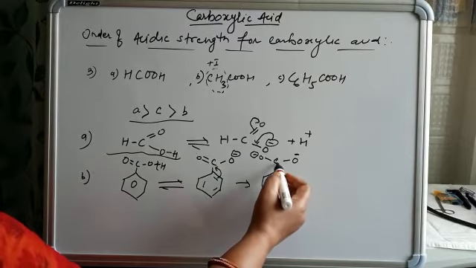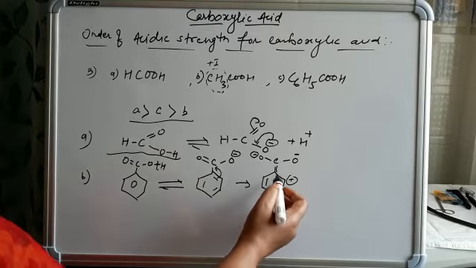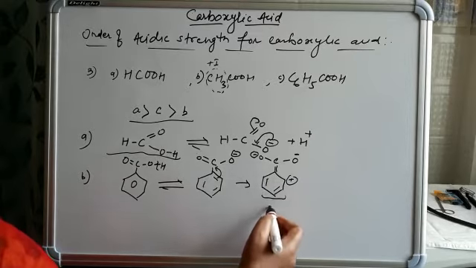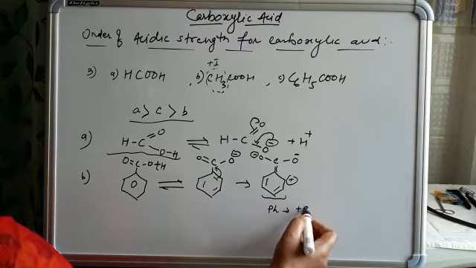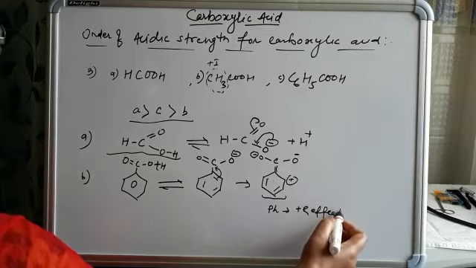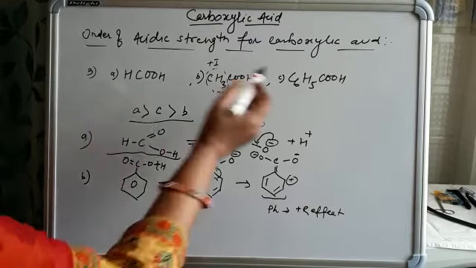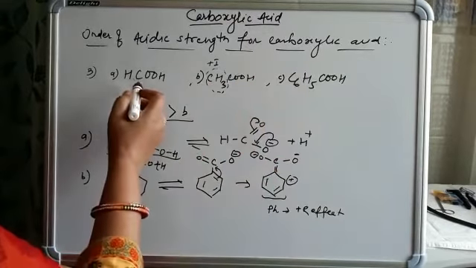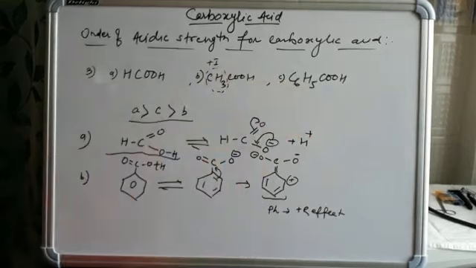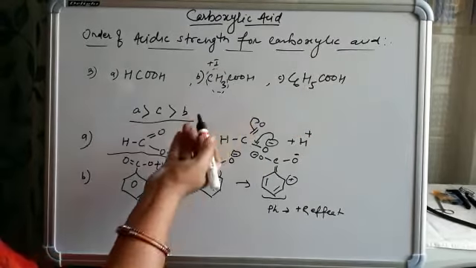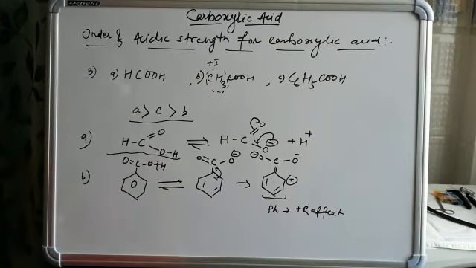Carbon is stabilized by the pi electron present in the ring. Here this phenyl group shows the plus R nature. So if we compare formic acid and benzoic acid, formic acid will be more acidic in nature than benzoic acid.